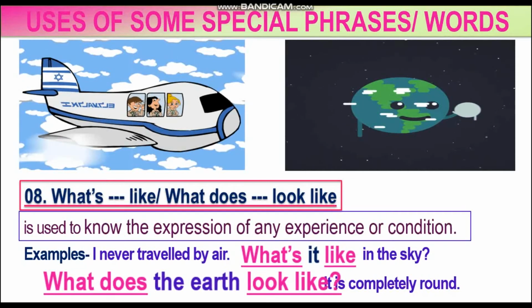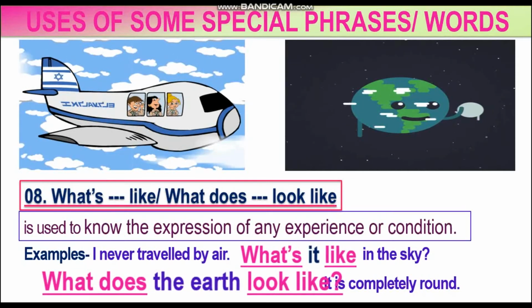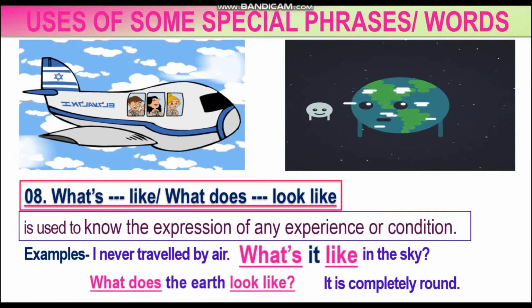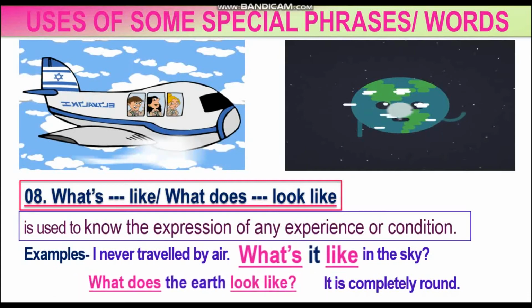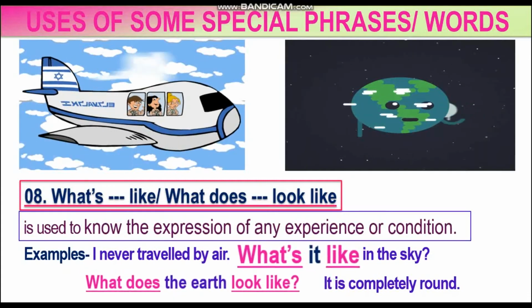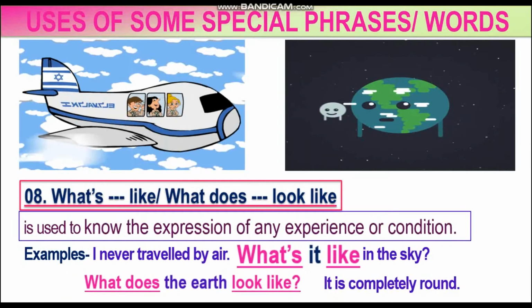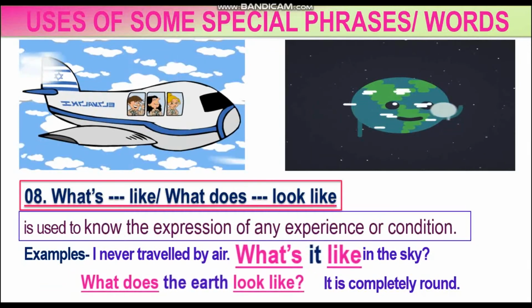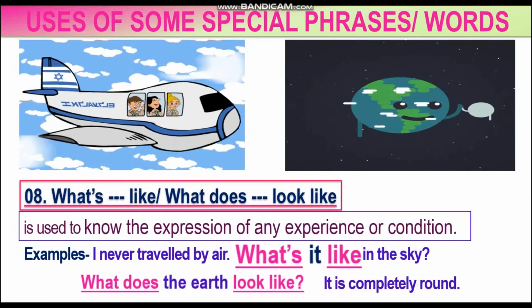Similarly, according to the second sentence, it is asked to know the condition of the earth. That's why what's dash dash like is used in the first sentence and what does dash dash look like is used in the second sentence.